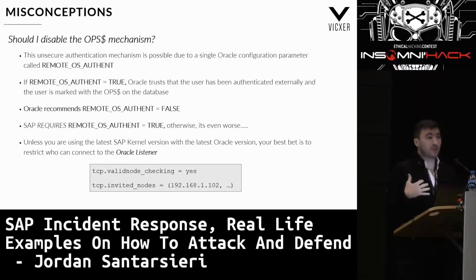If you go to the documentation for the old versions of Oracle, even there they say, hey, this should never be enabled. This should be false. But guess what? Unless you have the super ultimate version of SAP and Oracle database, SAP requires this configuration to be on. You have to have it on.